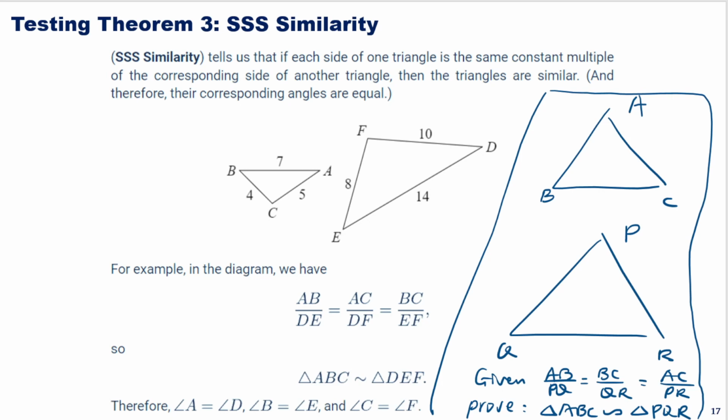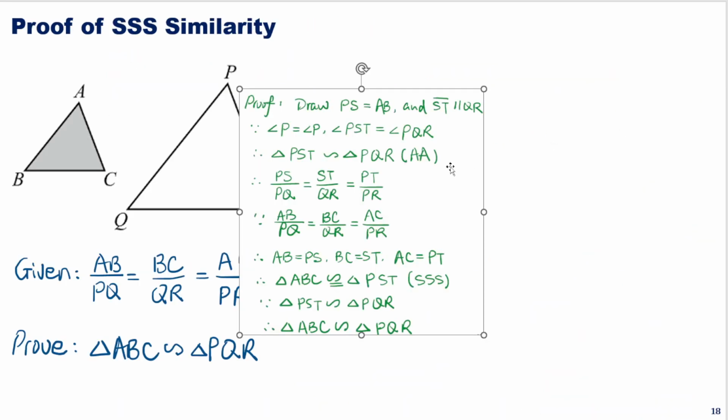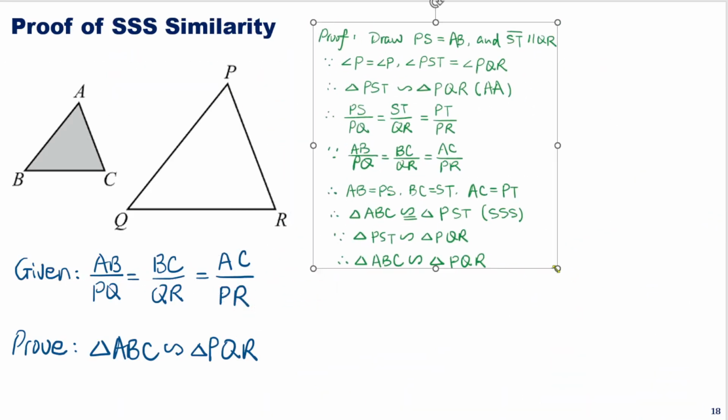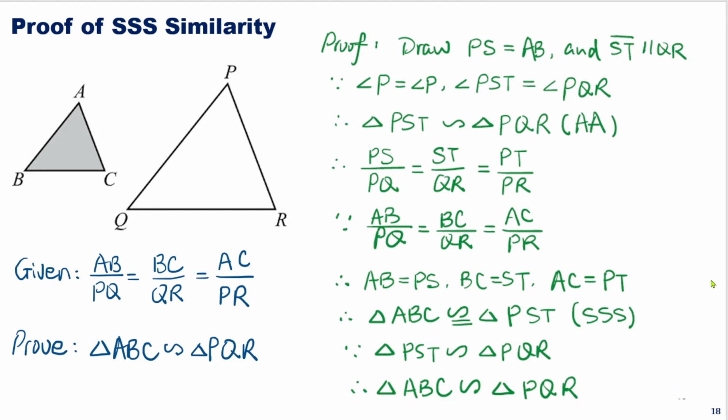Alright, so let's see the proof here. We can actually draw PS equals AB. And from this point, draw another line, ST parallel with QR. This is possible, right?